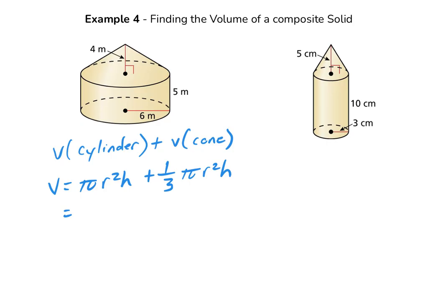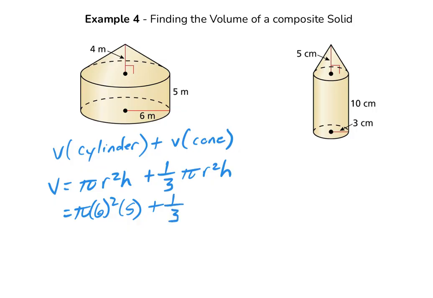Make sure that when you do the cylinder, I'm not paying attention to the cone up here. So the radius is 6. The height of the bottom, the cylinder, is 5. So this would be pi times 6 squared times 5.